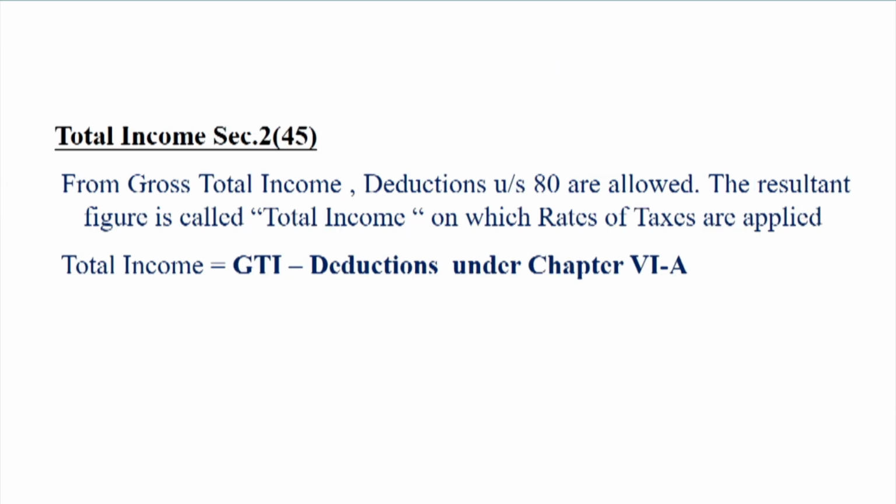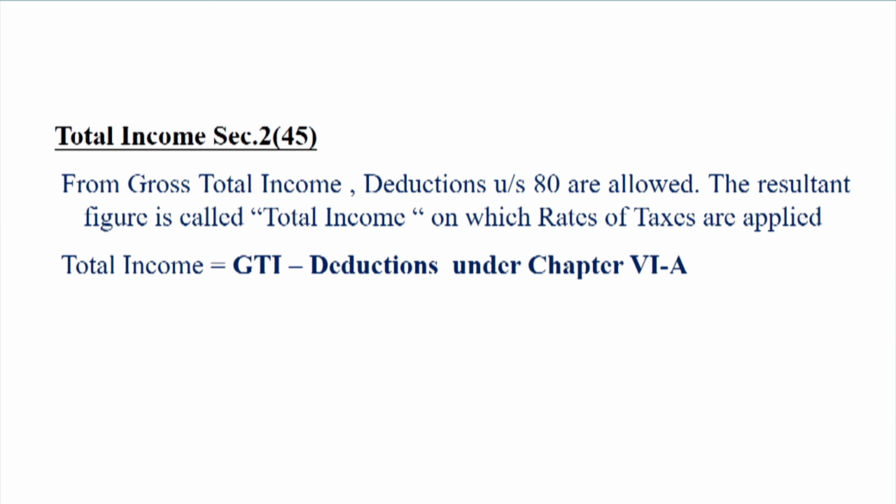Total income. ठीक है सर. Total income, section 2 subsection 45 refers to the total income. टोटल इनकम का देखिए GTI, gross total income minus deductions under Chapter 6A. There are numerous types of deductions which are given under Chapter 6A.